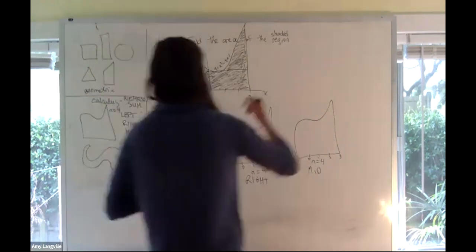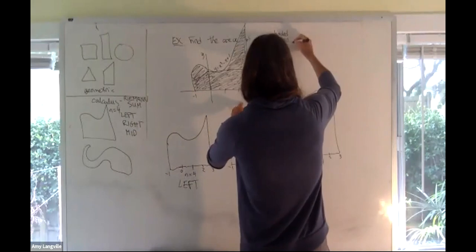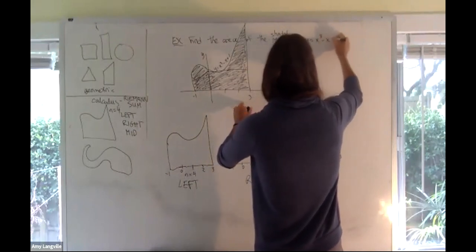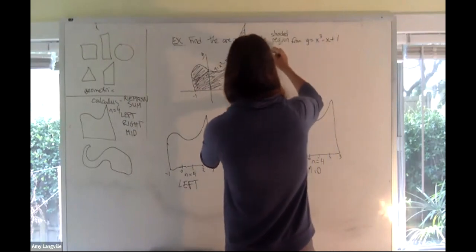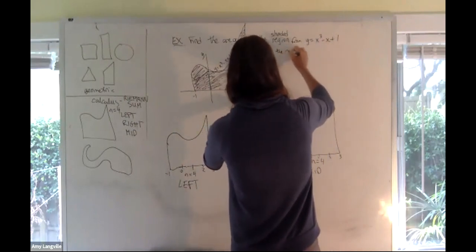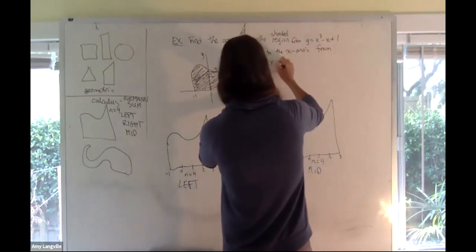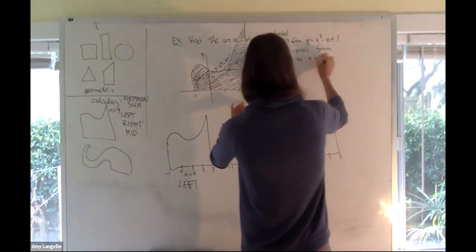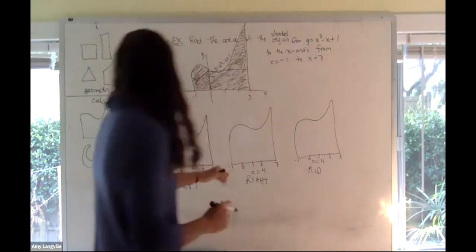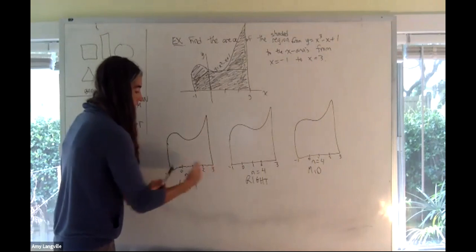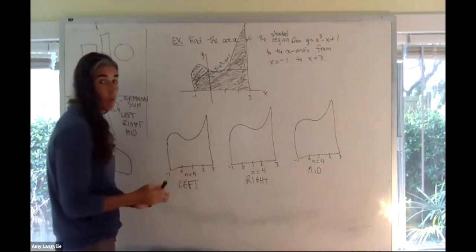Usually they're going to ask to find the area of the shaded region from y equals x cubed minus x plus 1, the function, to the x-axis. And they'll always give you limits from x equals -1 to x equals 3, right? Those are a range on x. X takes 4 units across, and we're going to divide those into 4 subdivisions so they each have a width of 1.